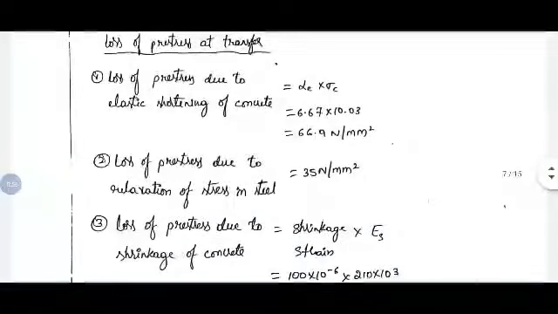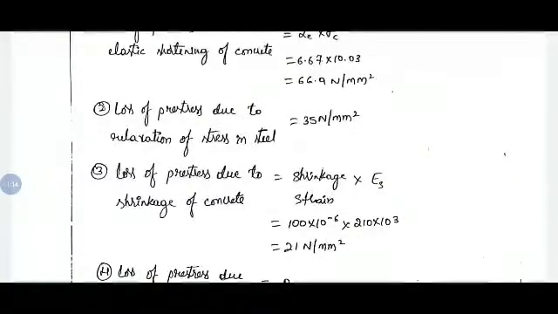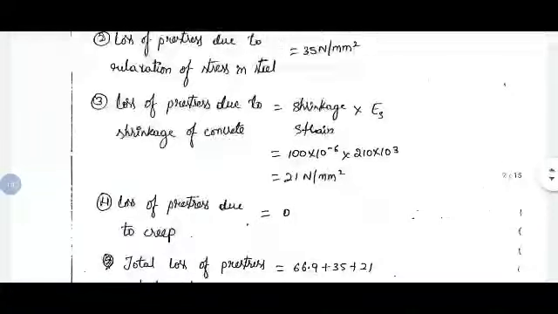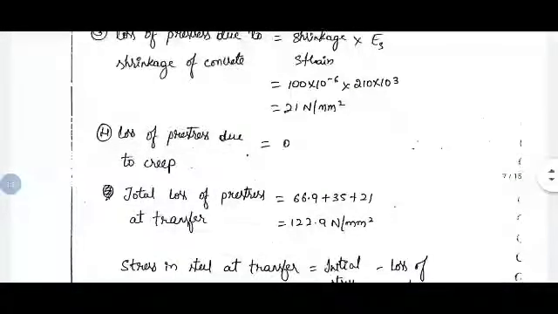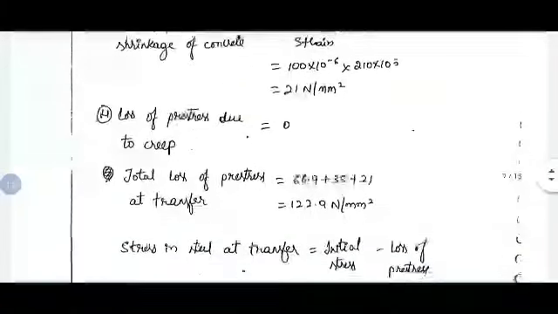So first, loss due to elastic shortening, modular ratio into stress in concrete at the level of steel. Then loss due to relaxation of stress in steel, it is directly given as 35 Newton per mm square. Then loss of prestress due to shrinkage, strain is given, and Young's modulus of steel is given. Then loss due to creep, it is 0, since the creep coefficient is 0 in the data. So add all three, we will get total loss.